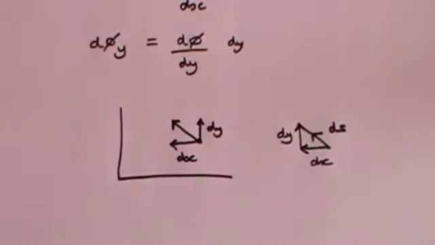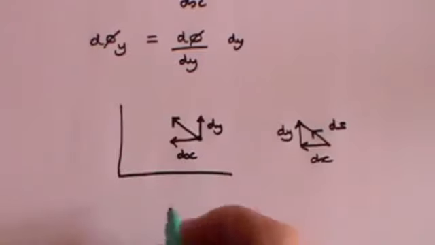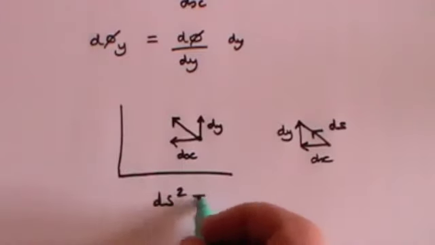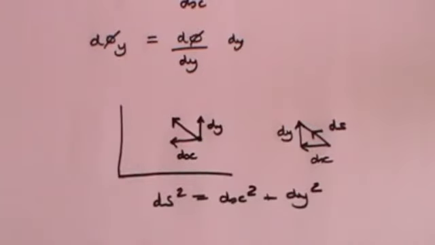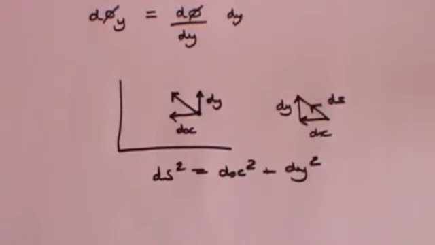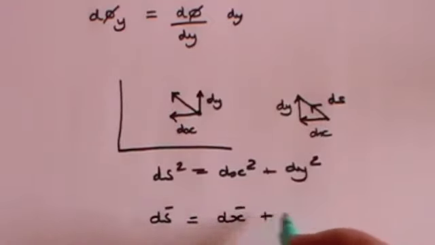And we can use Pythagoras to work out what ds is. Of course, ds squared is equal to dx squared plus dy squared. That, of course, is very simple. This is the magnitude, but for purposes of adding the vectors together, we simply say that ds, and we put a line above it to indicate that it's a vector, is equal to dx plus dy.